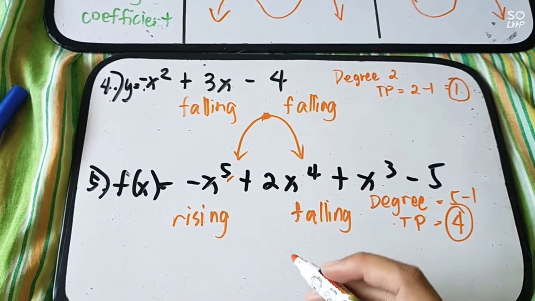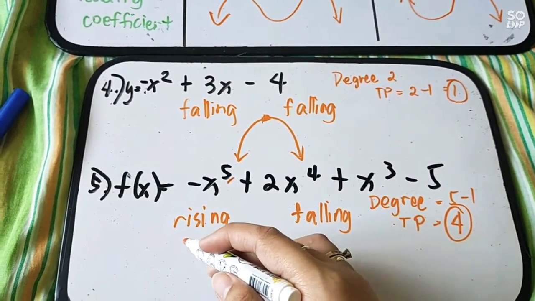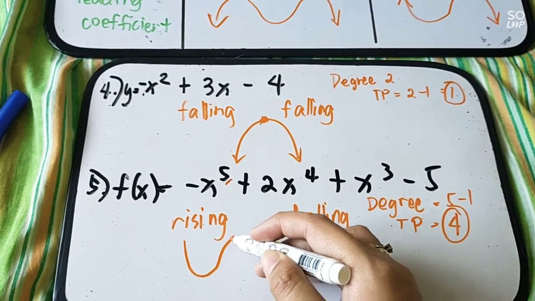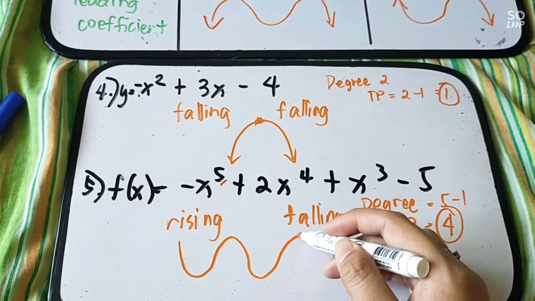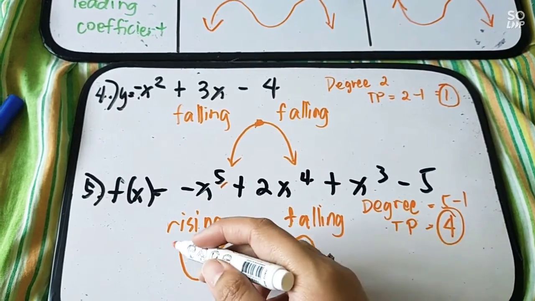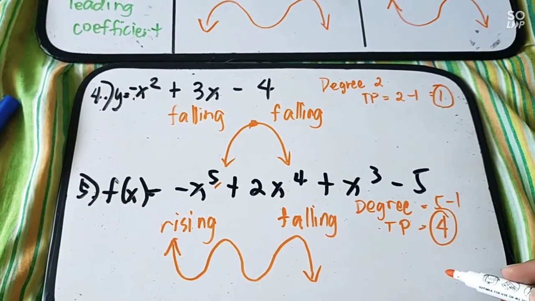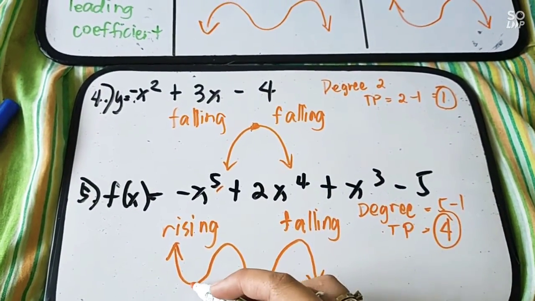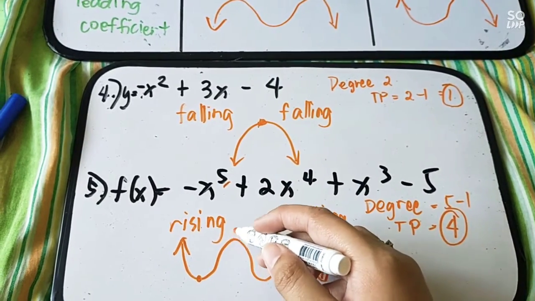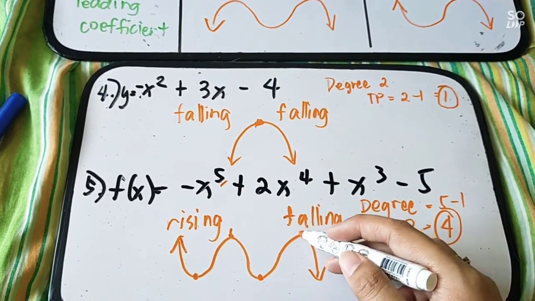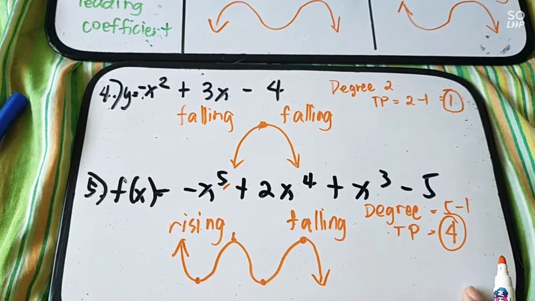So, paano yung ina-expect mo? So, since rising sa left, 1, 2, 3, 4. Ayan. So, that is the initial graph. So, we have here 1, 2, 3, 4 na turning points.